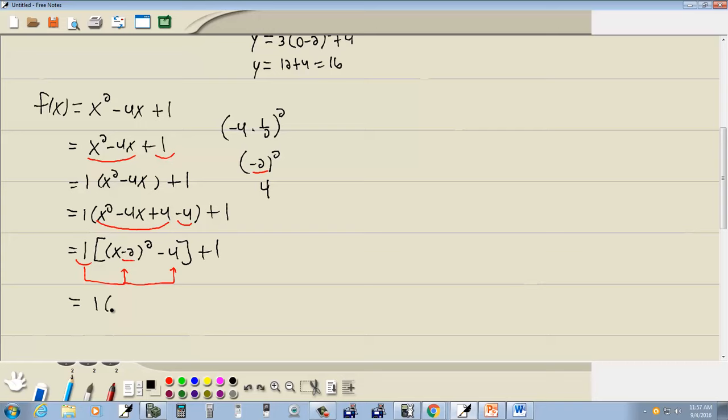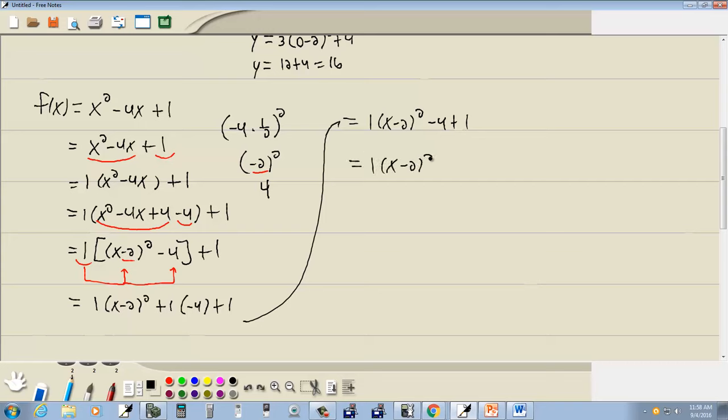So we're going to have 1 times x minus 2 squared, and 1 times negative 4 plus 1. 1 times negative 4 is negative 4, plus 1, which gives us 1 times x minus 2 squared minus 3.